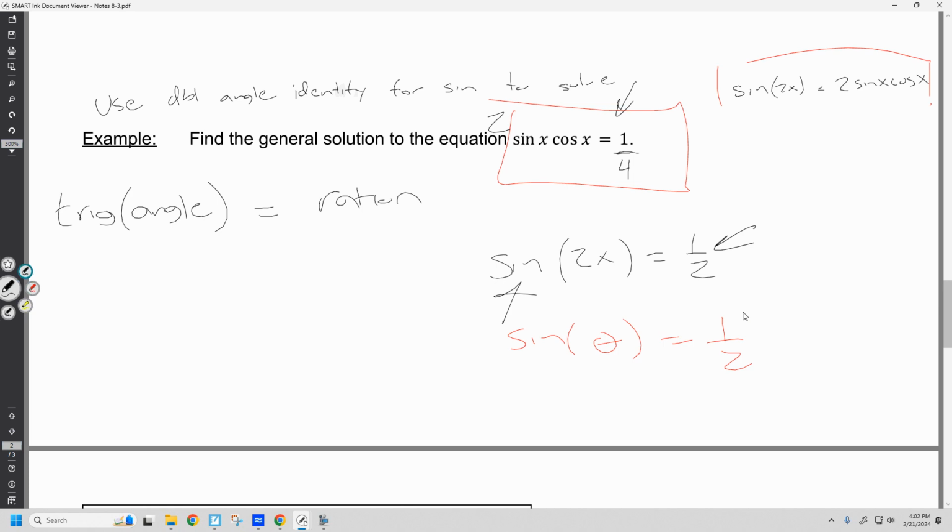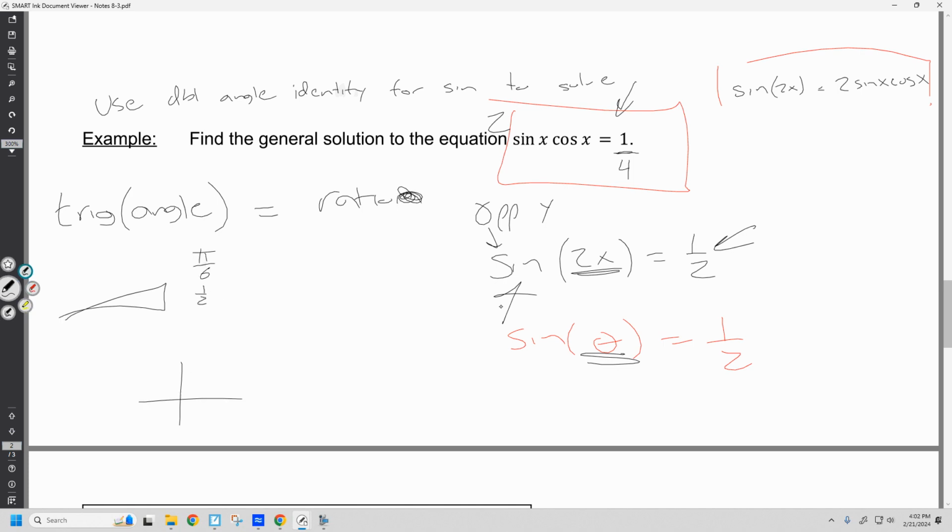You forgot so quickly. A trig function of an angle equals a ratio. You have the trig function, you have the ratio, you need to find the angle. Then you need to find the solution for x, and you need to dilate horizontally. Sine is opposite over hypotenuse, the y, 1/2, short side, 30-60-90 triangle, pi over 6.